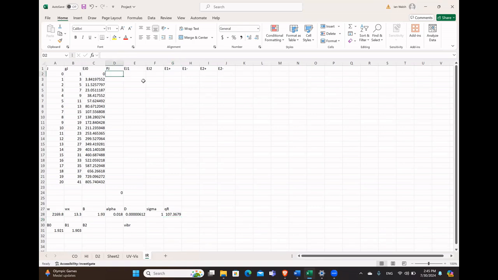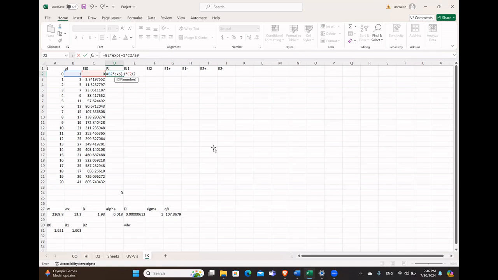Then to calculate the probability, we simply come in here and use the equation. The probability of being at a given state is equal to the degeneracy, multiplied by e raised to the negative energy level. I do -1 times because I'm not sure what Excel knows in terms of syntax, so we'll take -1 times 0, and then divide that by KT.